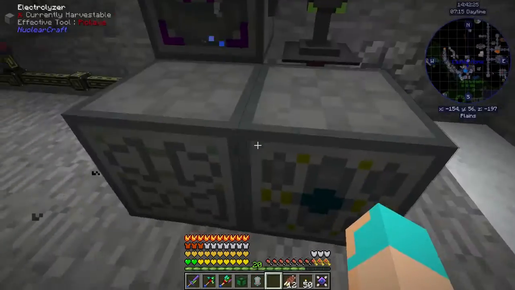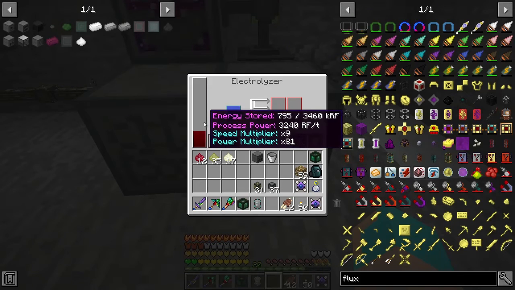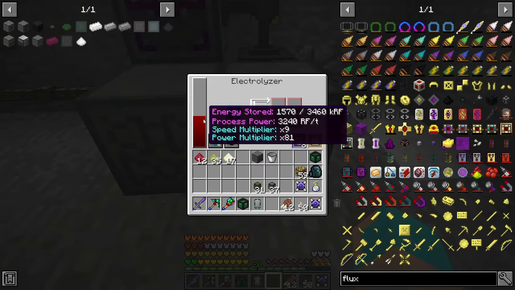Alright, so everything should be getting power. Good. Now speed that up. Yeah, look at that. It takes a lot more power.